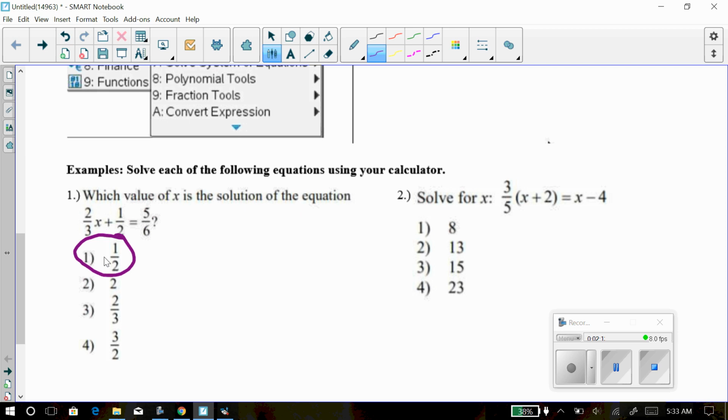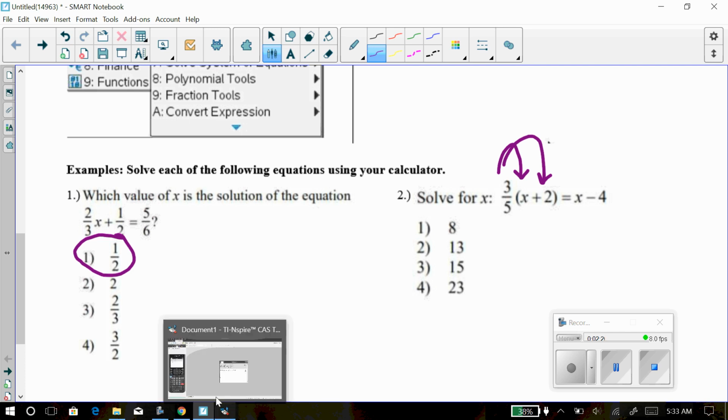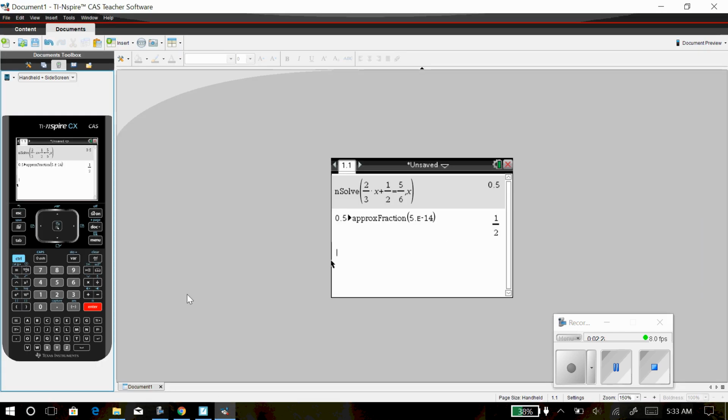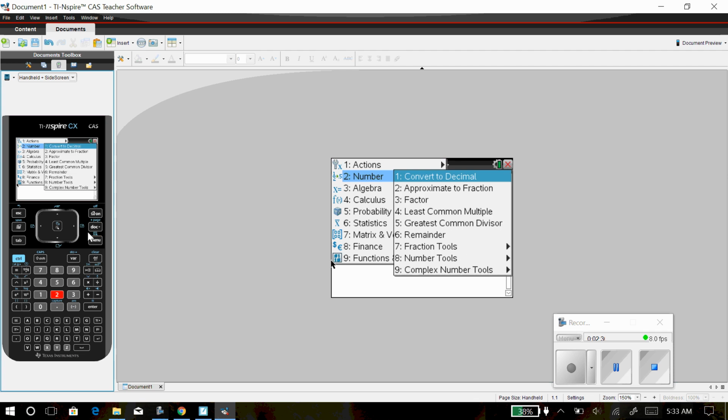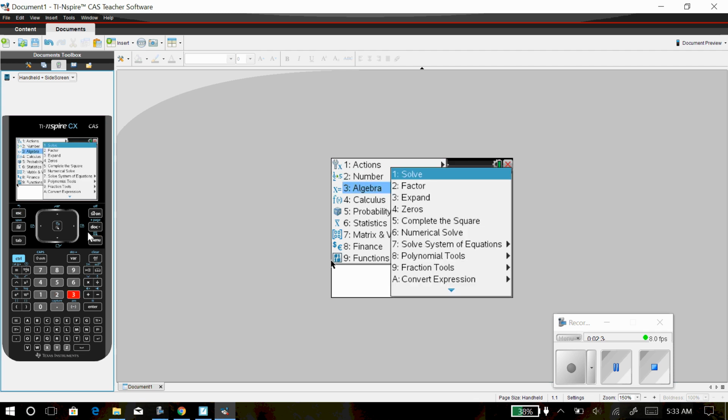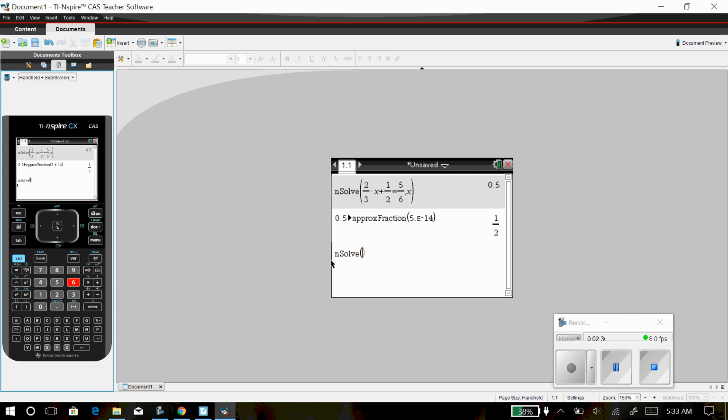All right, let's try number 2 using our calculator. Of course, you can do these algebraically where you can distribute the 3/5, get the least common denominator, do all of that. But I want to show you using your calculator. So number 2, let's get our calculator out again. Hit menu, number, oh, I'm sorry, algebra, numerical solve, and I type in the calculator exactly the way I see the equation.